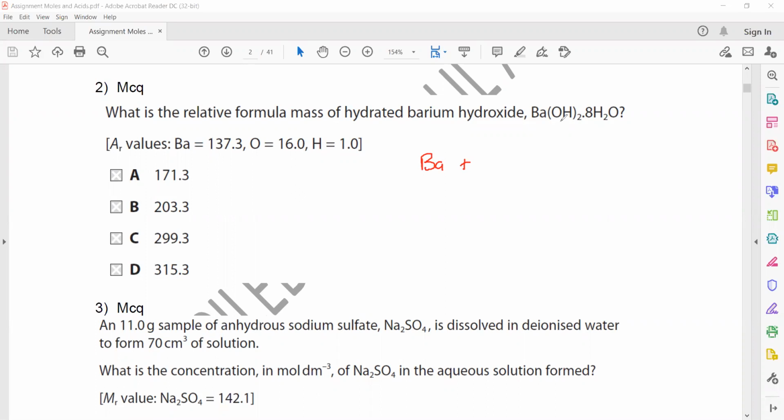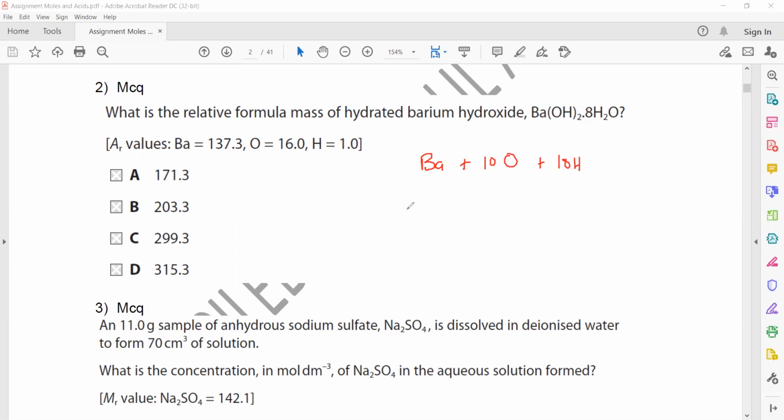The hydroxide OH group means 2 oxygen here and 8 oxygen. So in total it will be 10 oxygen. The number of hydrogen, 8 multiplied by 2, that's 16, plus 2 is equal to 18. So there are 18 hydrogen.